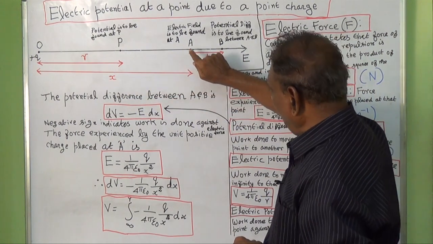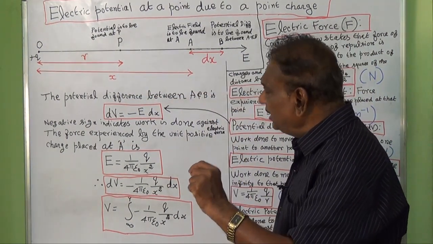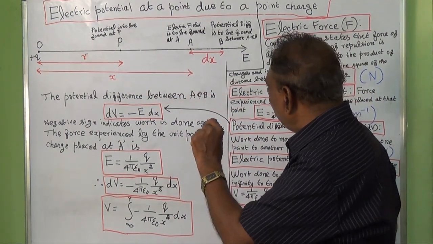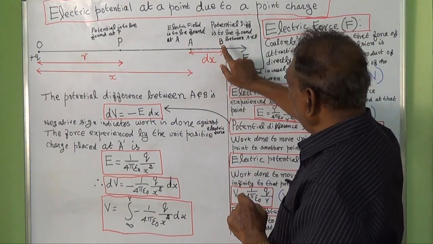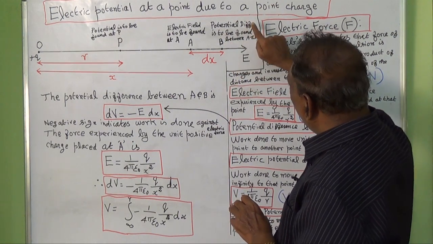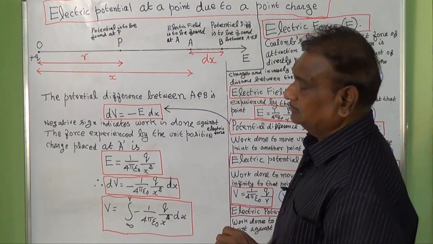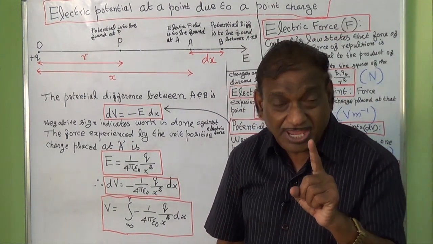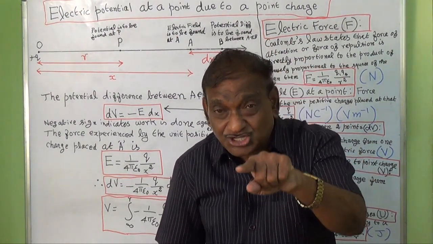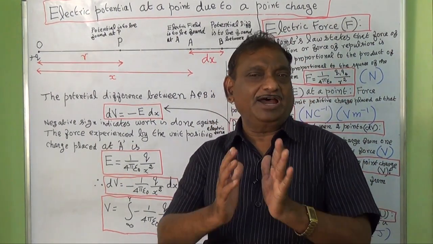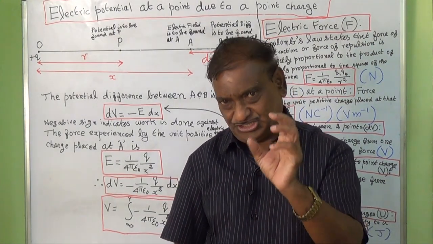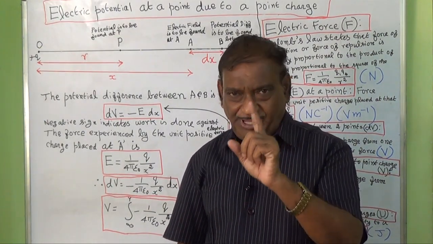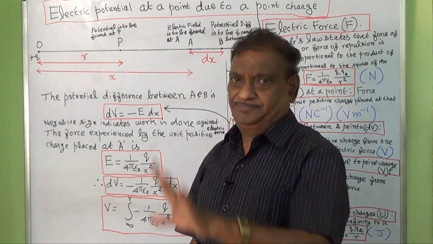At point A, electric field capital E is to be found. Between the points A and B, potential difference is to be found. So we have taken 4 points O, P, A and B.